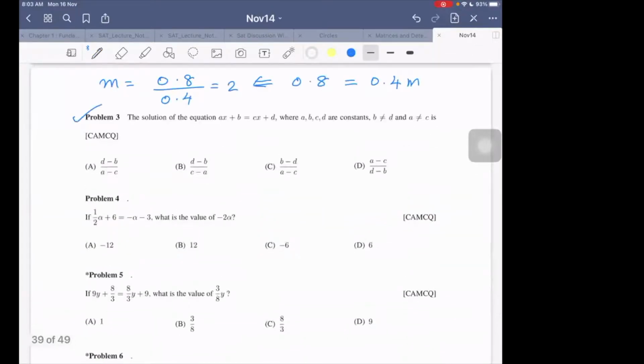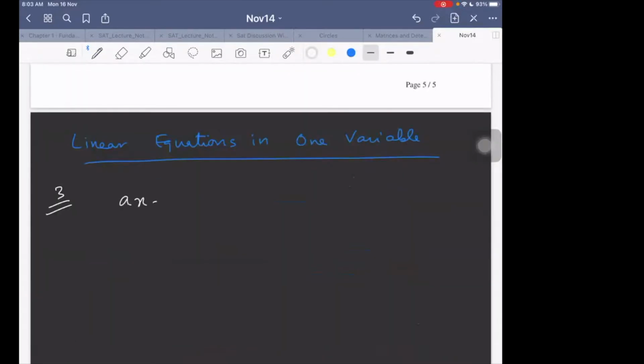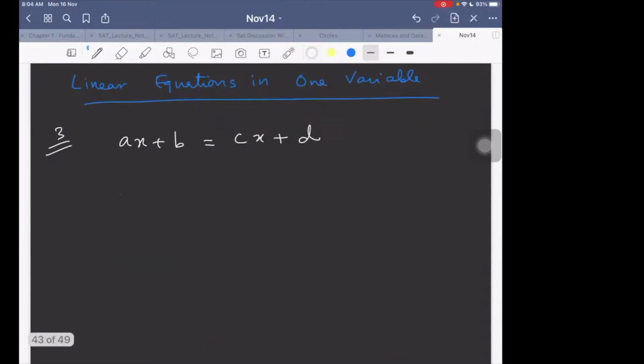This is the kind of general equation that you will encounter: ax plus b is equal to cx plus d, because we have a linear expression on the left hand side and another linear expression on the right hand side. The idea of solving this is to bring the variable to one side.